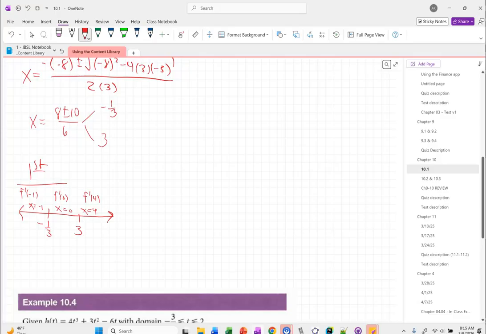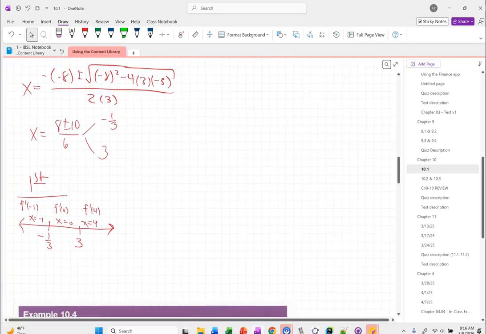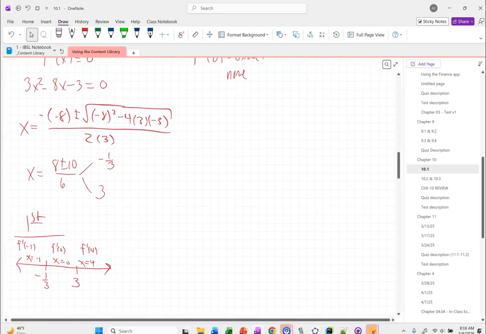So if I did this as a first derivative test, I could draw my sign diagram, put my critical points on it, and pick test values in the intervals in between those critical points. So one to the left of negative 1/3, one between negative 1/3 and 3, and one bigger than 3. Then we plug those into the derivative, and I don't care about the number that comes out.